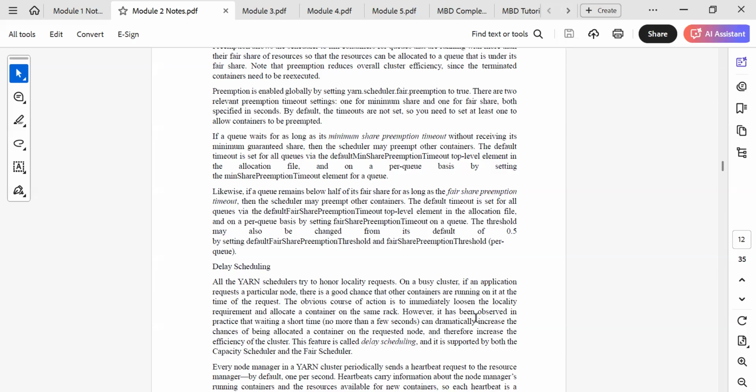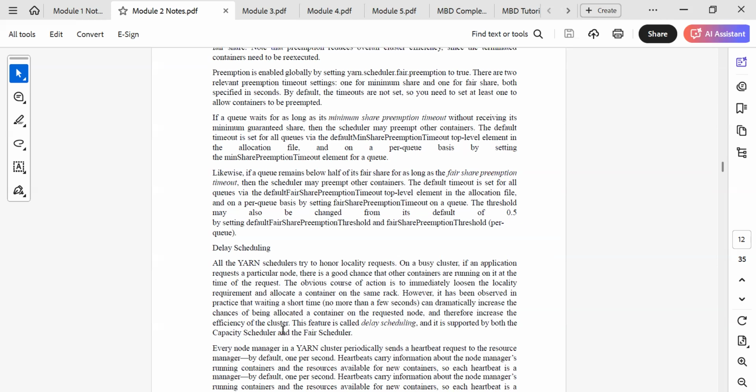However, it has been observed in practice that waiting a short time, no more than a few seconds, can dramatically increase the chances of being allocated a container on the requested node. This feature is called delay scheduling, and it's supported by both the capacity and fair schedulers, right?